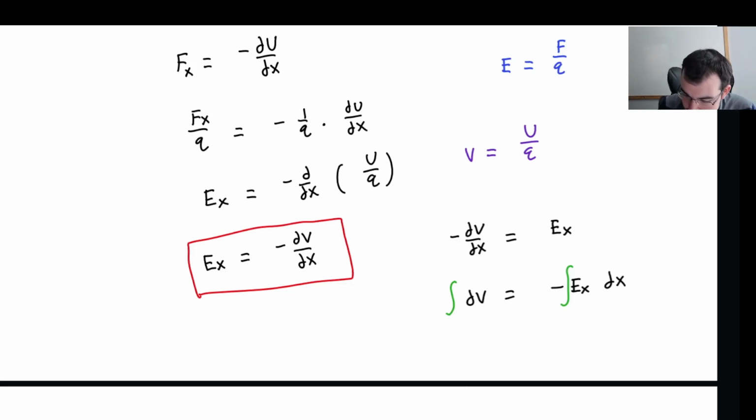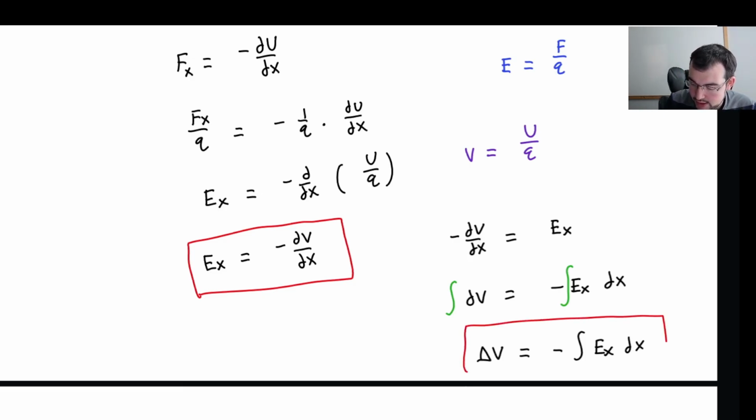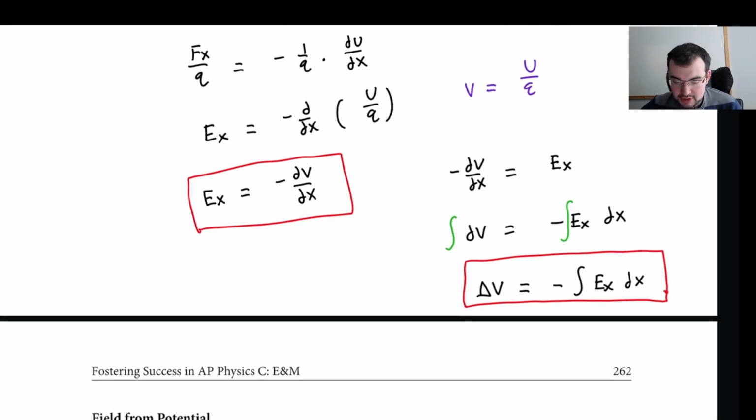And we can see that if I integrate all of my tiny changes in potential, that gets me my total potential change. And then I get a negative outside the integral. And we see that this Ex dx takes care of that dot product or parallel part. So that gets both of those relationships.